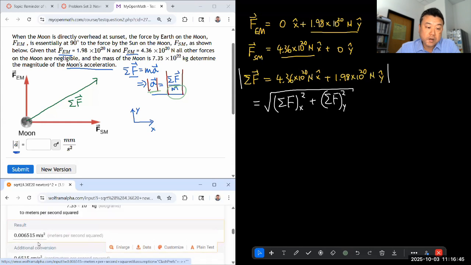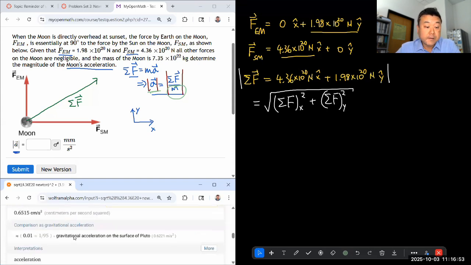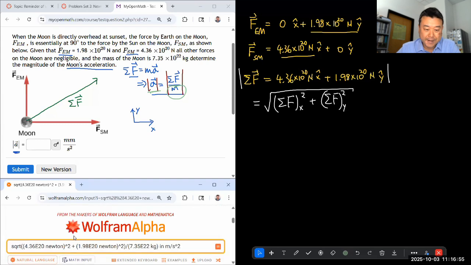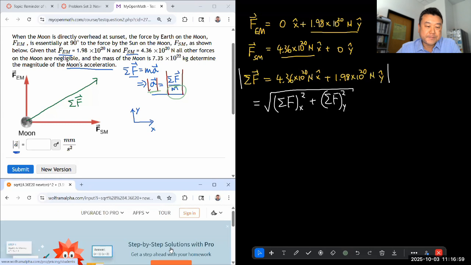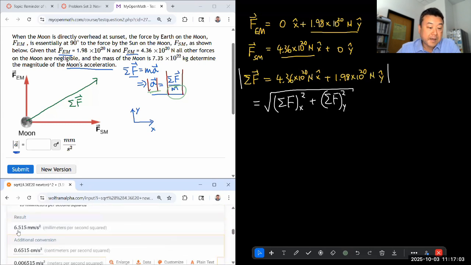I could do the conversion from meters to millimeters myself, multiplying by 1,000, so that would be 6.515. Or I can ask for it in the unit that the question expects, millimeters per second squared. So yes, 6.515, and hopefully that's correct.